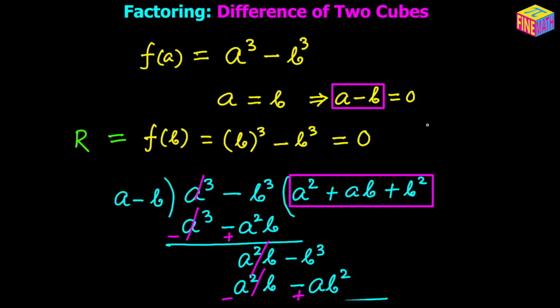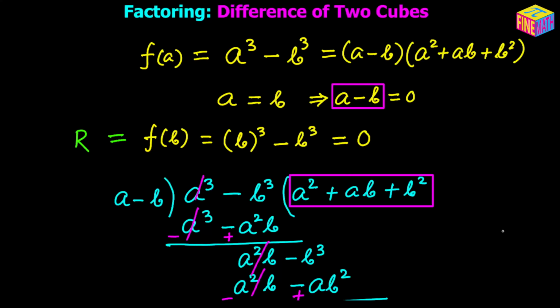So when we divide a cubed minus b cubed by a minus b, we get a squared plus ab plus b squared. That means a cubed minus b cubed is equal to the product of a minus b and a squared plus ab plus b squared. That is the factored form of the original expression a cubed minus b cubed.